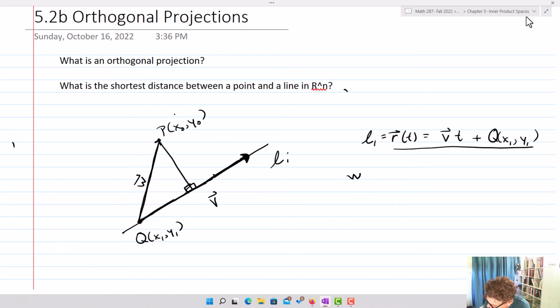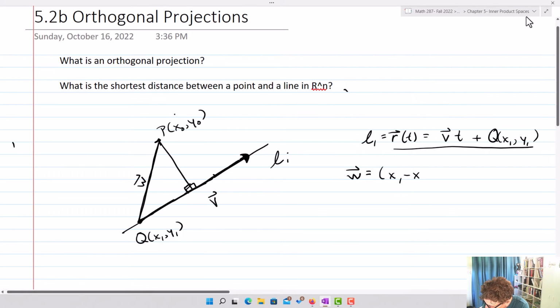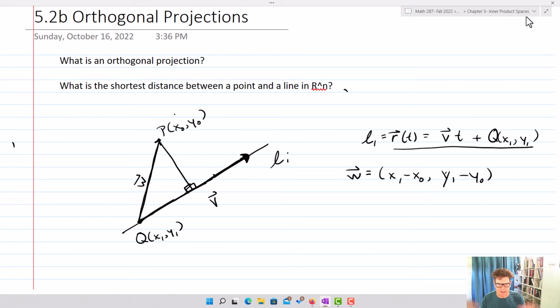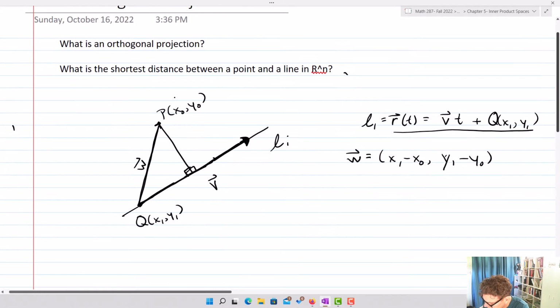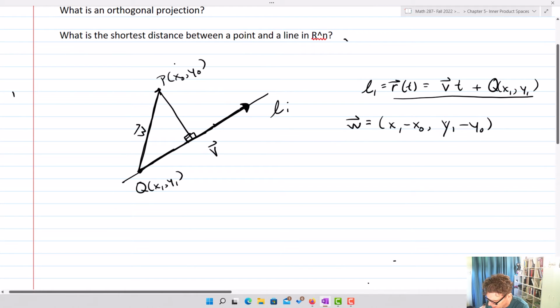And so W is just going to equal x1 minus x naught, comma, y1 minus y naught. And if we're in a different space, different dimensions, you're just going to develop a vector. But we're doing it in 2 dimensions, so that's why we've got the specific number. Okay? And so consequently, what we have here now is we have a right triangle.